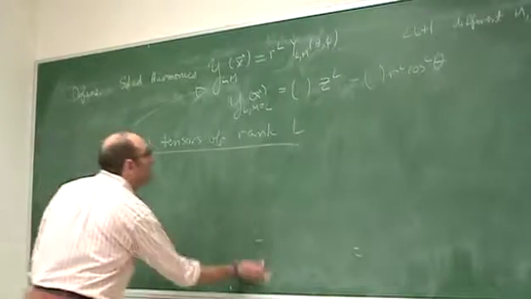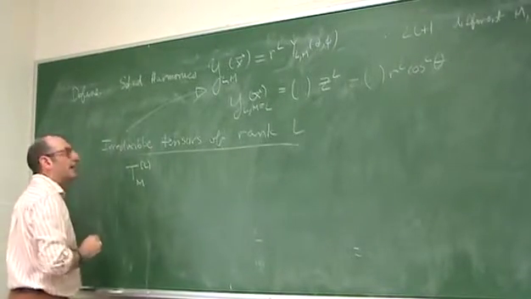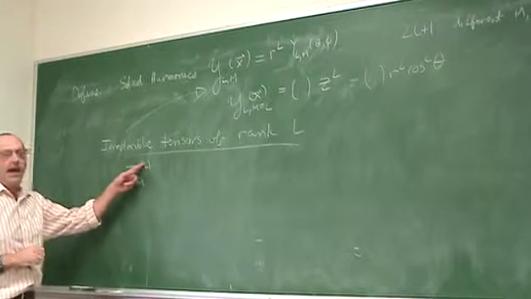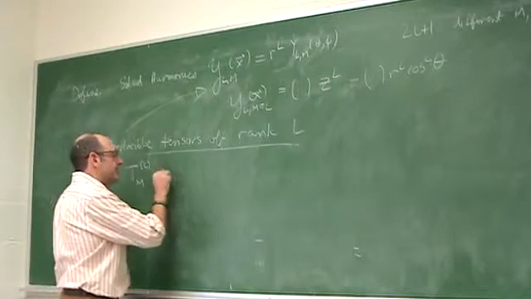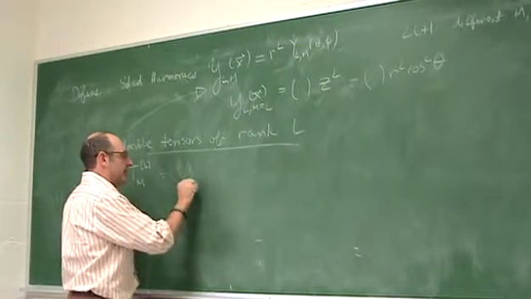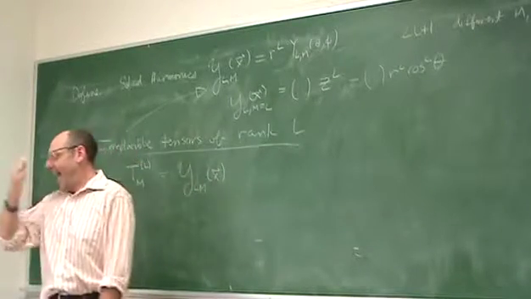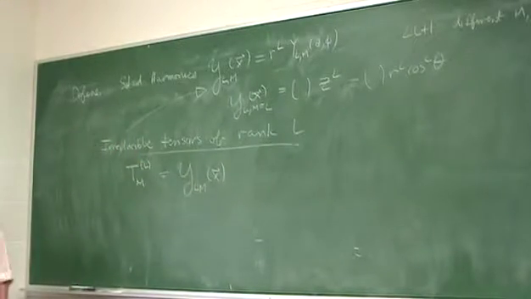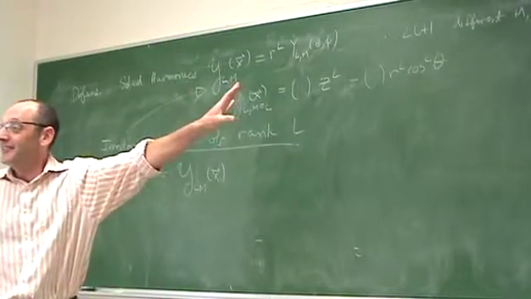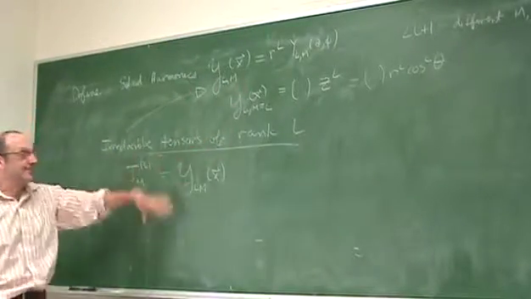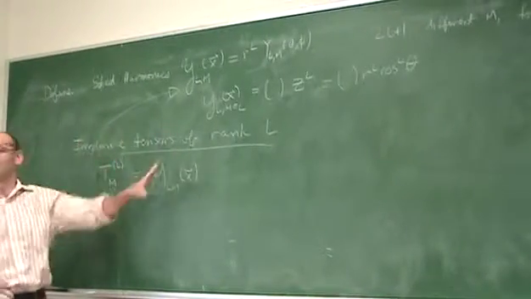If I define T_LM, my irreducible rank L tensor with components M, as this solid harmonic, this is an example, but anything that transforms in the same way as this collection of polynomials is an irreducible tensor.